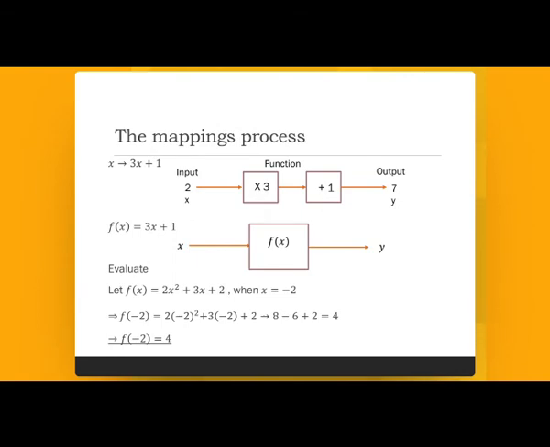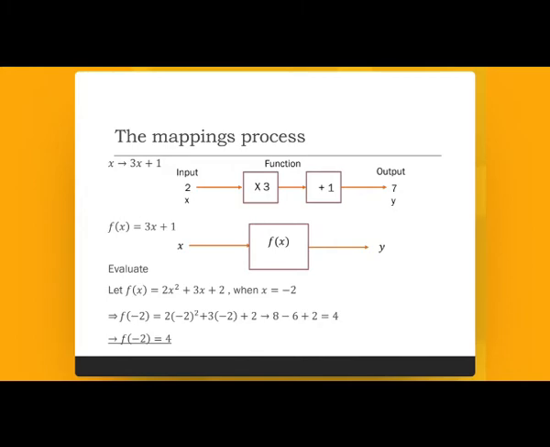The mapping process. When x is mapped to 3x plus 1, this can be represented as shown in the diagram. Our input is x. Our input x is multiplied by 3, and then 1 is added to give the output y.